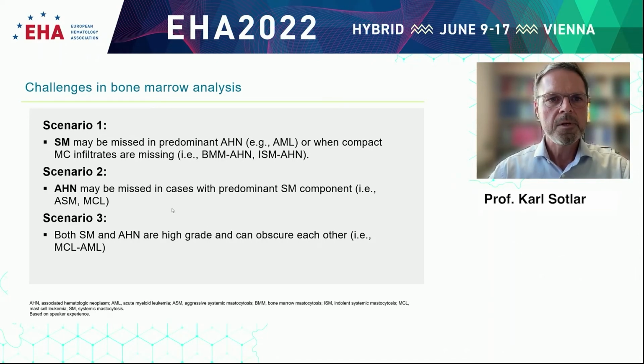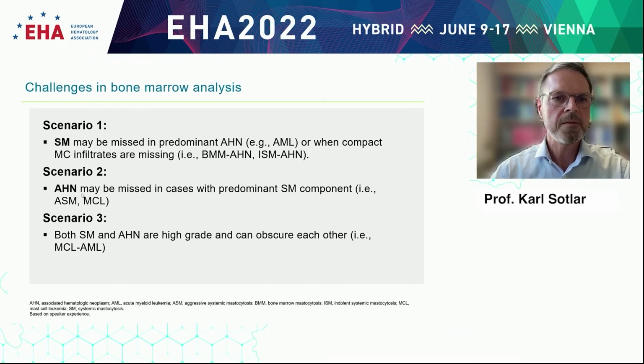I think we can differentiate between scenario 1, when SM may be missed in cases of a predominant AHN. This may be an AML, or when compact mast cell infiltrates are missing. Please keep in mind that there are no compact mast cell infiltrates in about 25% of cases.